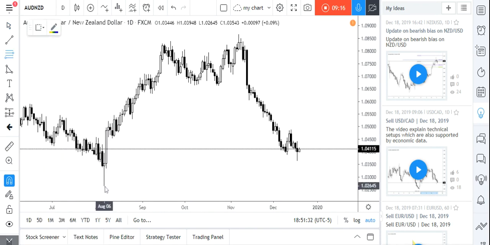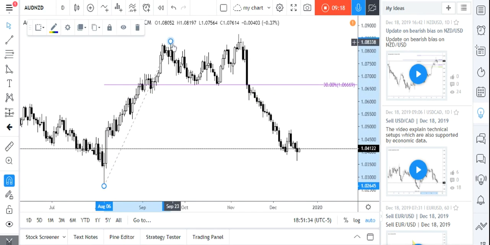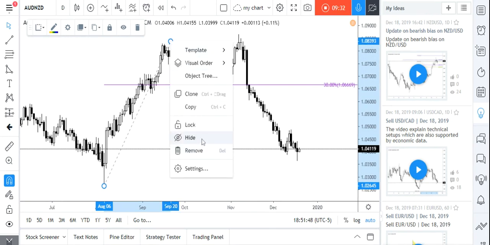If you look in the history, the previous movement from this top to this was precisely a 30% retracement. So this is also validating my idea of taking 30% into account for determining targets.